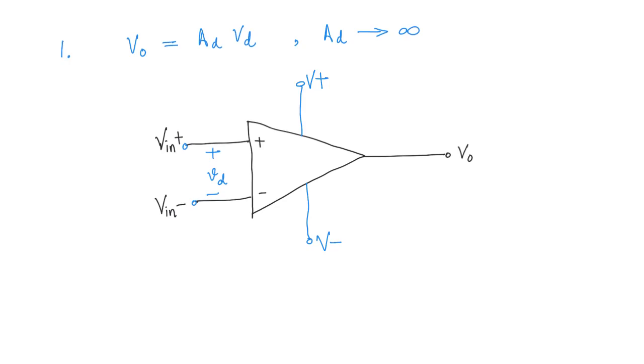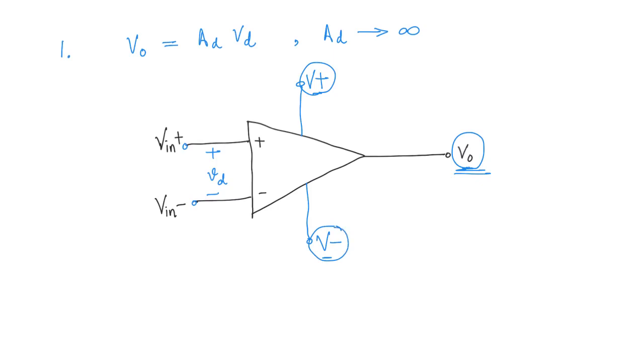Now, in any op-amp, in fact in almost any electronic device, the output voltage cannot go beyond the power supplies. What I mean is that the maximum positive value of VO, the output, is going to be V plus, and the maximum negative value of the output is going to be V minus.